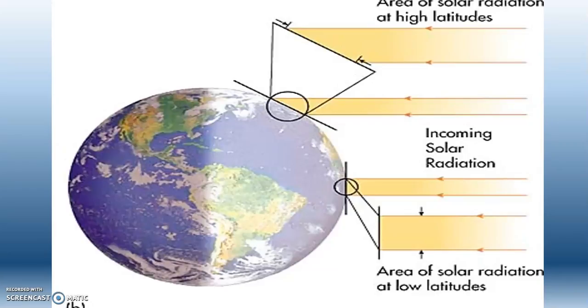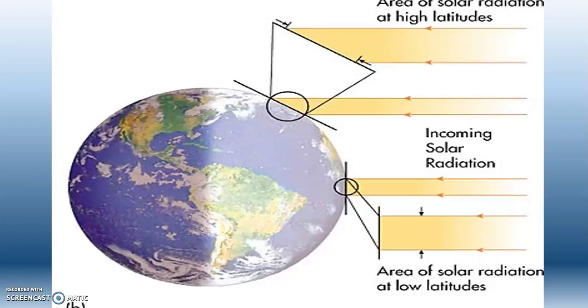So notice that at the 90-degree angles along the equator, it's a smaller area with more intensity. But if we move up higher in latitudes, we have more area, but less intensity. And we can see that here with this angle showing that it's smaller than 90 degrees, but it's covering a large area with less of that energy associated with it.